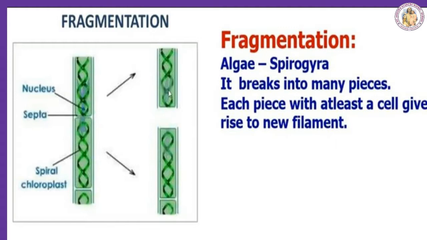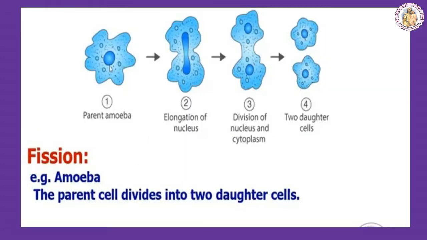While seeing the picture itself, you can understand it will split into two. In filamentous algae, breaking of the filament into many fragments is called fragmentation. Each fragment having at least one cell gives rise to a new filament of algae by cell division. The example is Spirogyra.